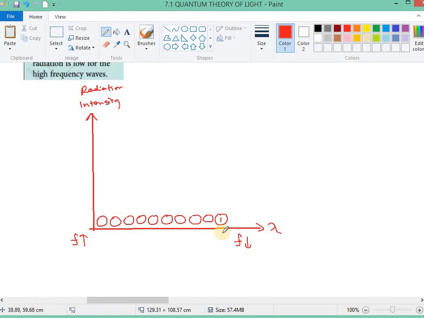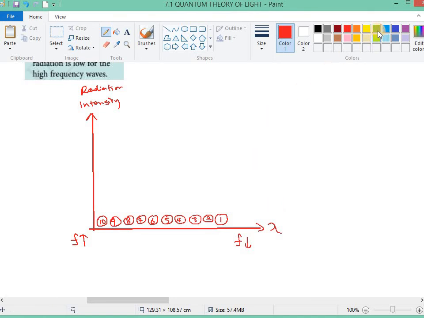As the frequency increases, of course it will need more energy. So let's say the energy it needs is 2 joule. This one is 3, 4, 5, 6, 7, 8, 9, and 10 joule, for example. So if the particle wants to oscillate at very high frequency, it needs to absorb 10 joule, then only it can oscillate at very high frequency.